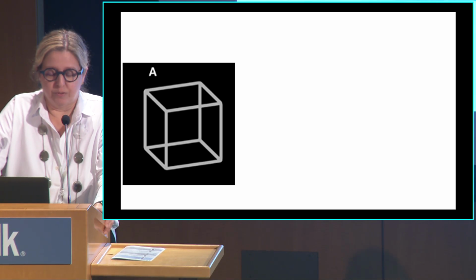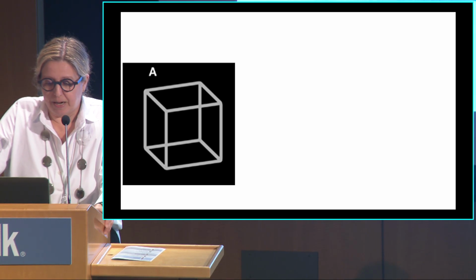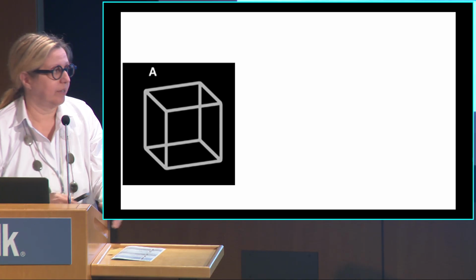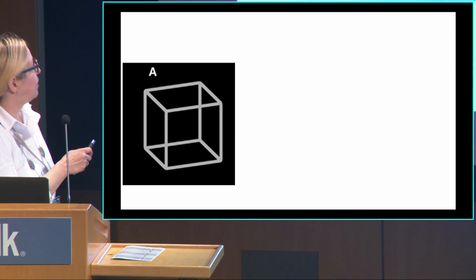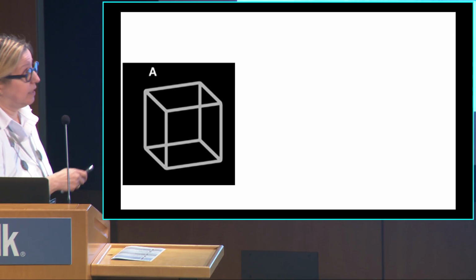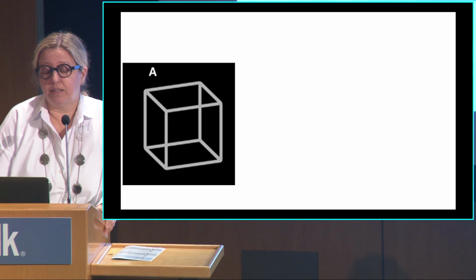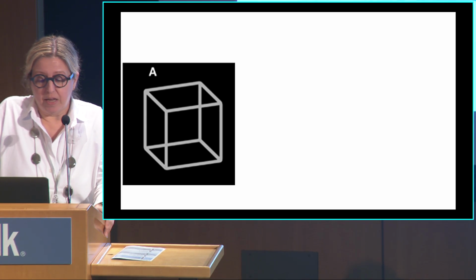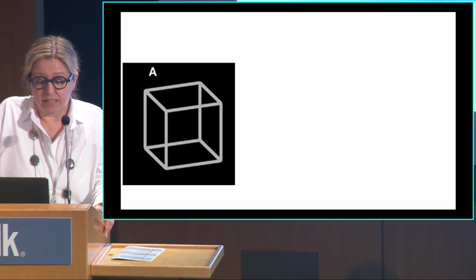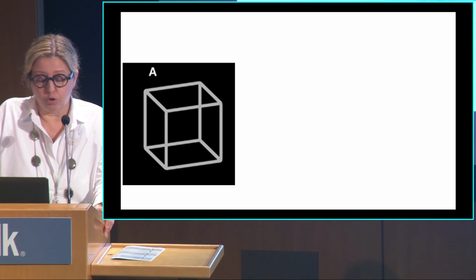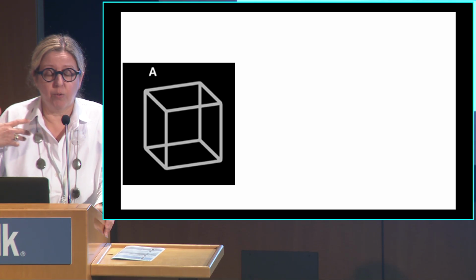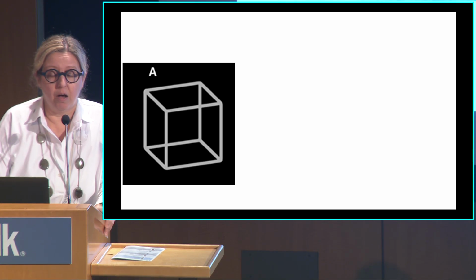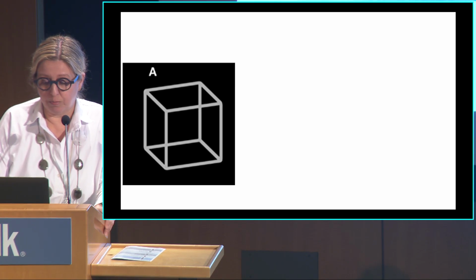So you're all familiar with this bistable Necker cube. I presume it's always the same visual input, but sometimes you see this face at the front of the cube and sometimes this one here. This is one of the tools we and others have used extensively in order to probe what signals in the brain contribute to perception, because it's always the same physical stimulus, but the way your visual system responds to it gives you a different perceptual experience.